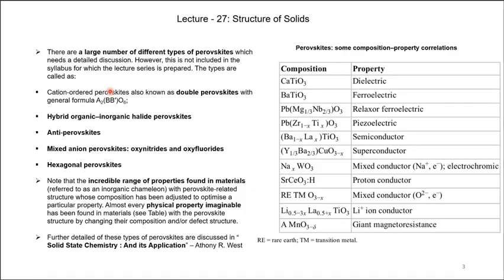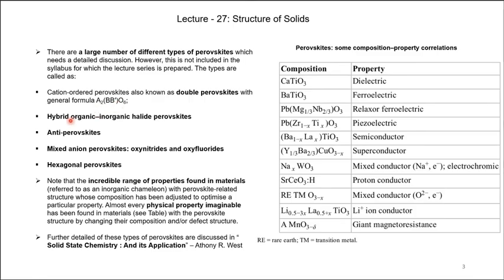So this is what I'm taking, and additionally, the classification showing a bit of detail of perovskite. The detailed one is double perovskite, and its general formula is A2BB'O6.